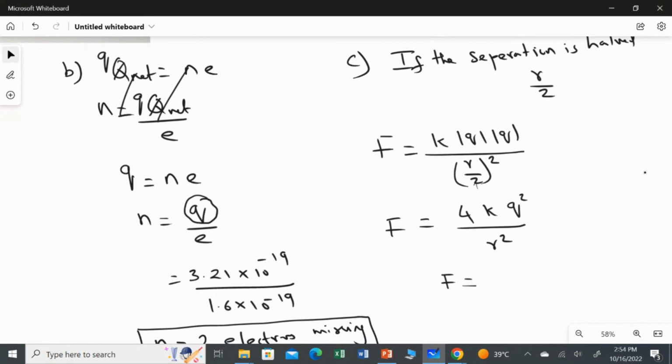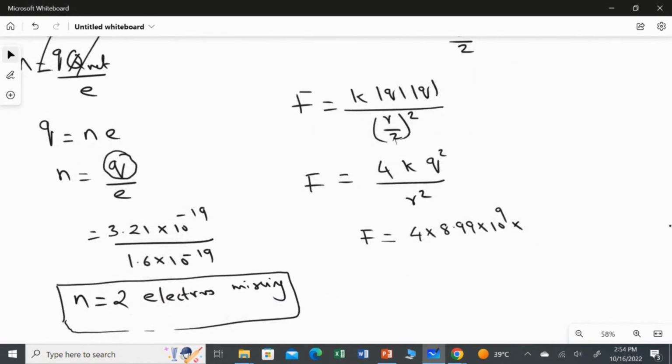F is equal to 4 multiplied by 8.99 multiplied by 10 to the power of 9, and the charge value we got in the first part is 3.21 10 to the power of minus 19, square over the distance r is 10 multiplied by 10 to the power of minus 10 the whole square.